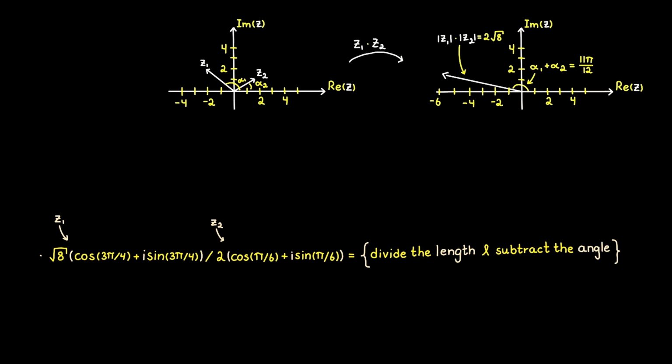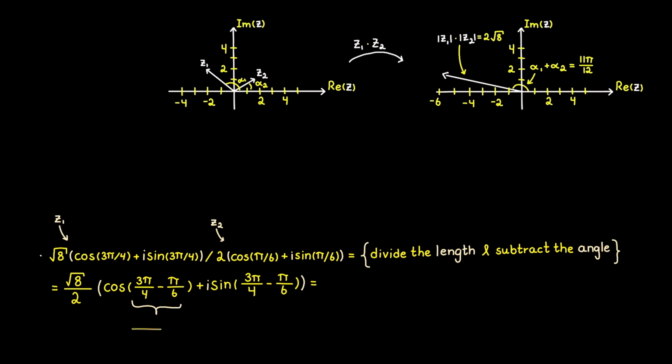The length is going to be equal to the square root of 8 divided by the length of the second complex number, so in this case 2, and then the angle is going to be the first angle, so 3 pi divided by 4, and then subtract the second one, so in this case pi divided by 6. And now we can once again try to simplify this angle by creating a common denominator, which we do the same way as before.